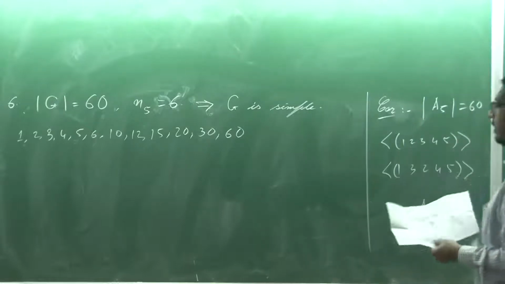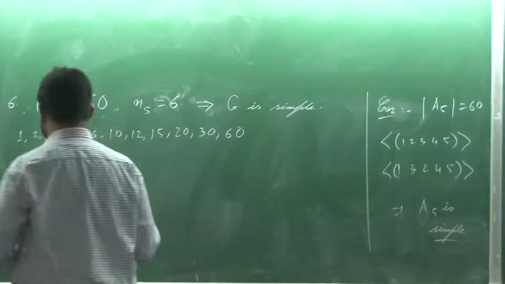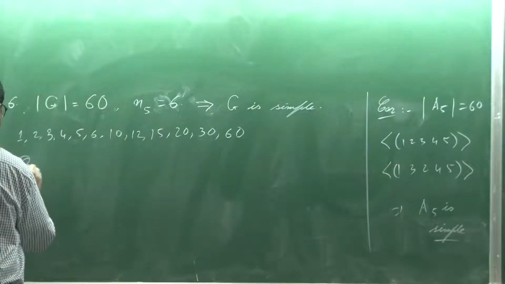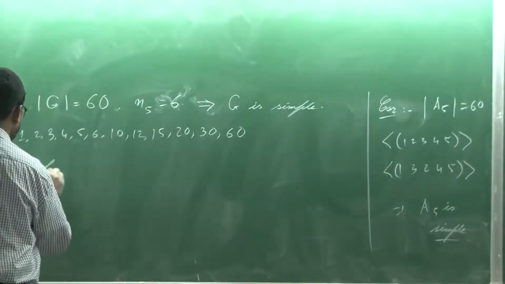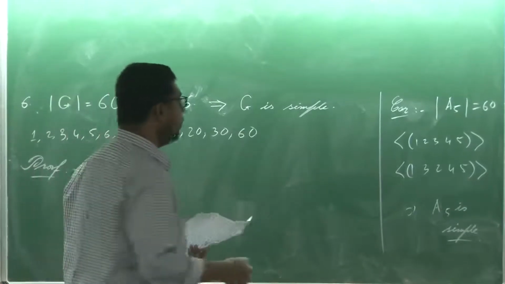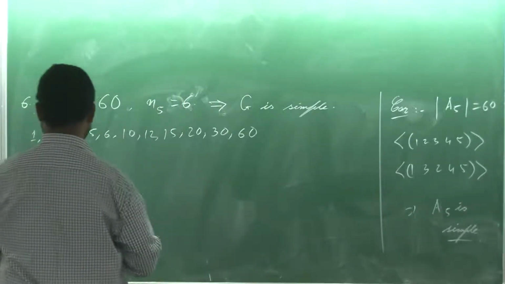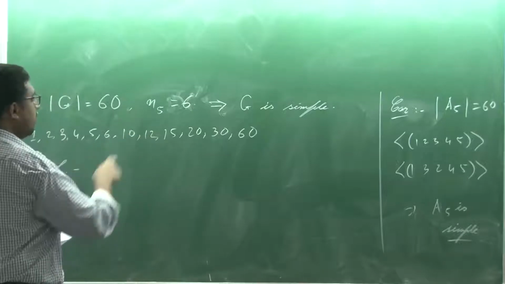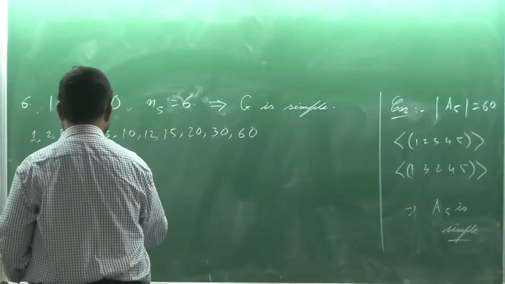The proof of this goes as follows. All right, how do we prove this? How do I think of proving this? So, if this is not simple, assume the contrary.